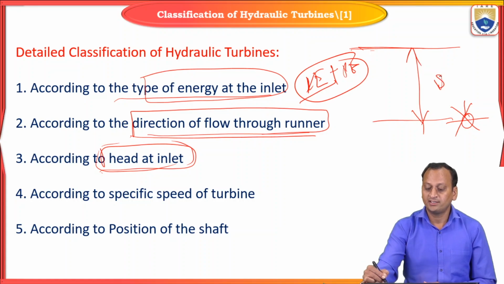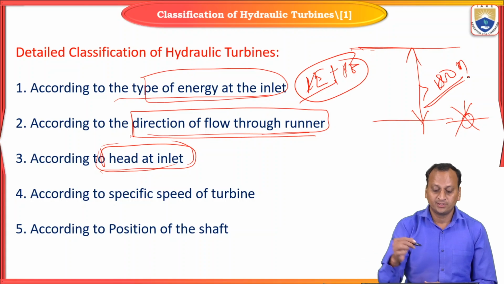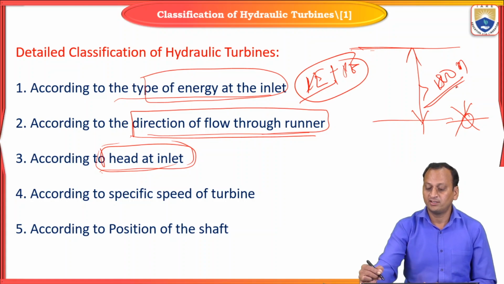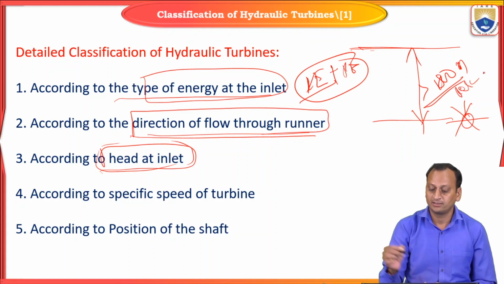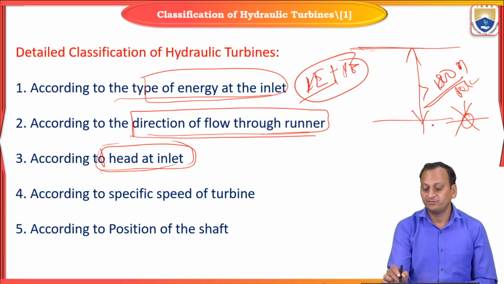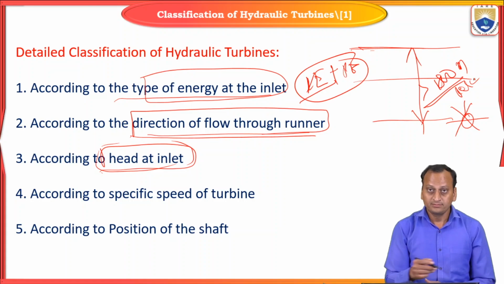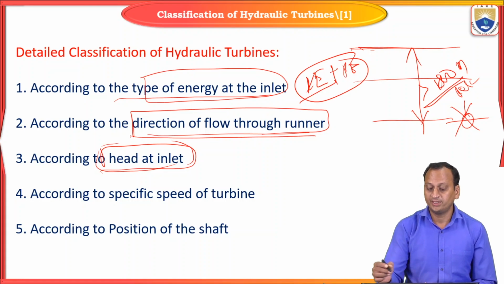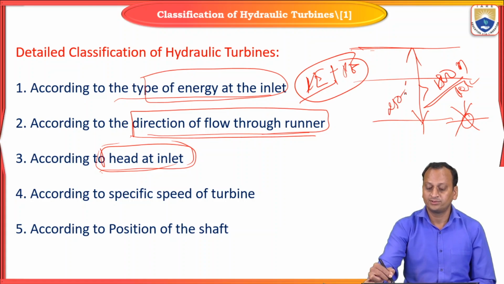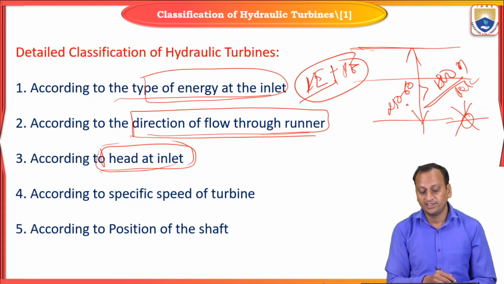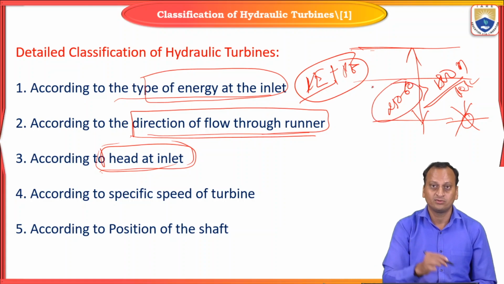If it is greater than 250 meters, we can say the type of turbine is an impulse turbine. The example is the Pelton wheel turbine. But if this difference is between 250 and 60 meters, that is a medium head turbine, not medium flow turbine.